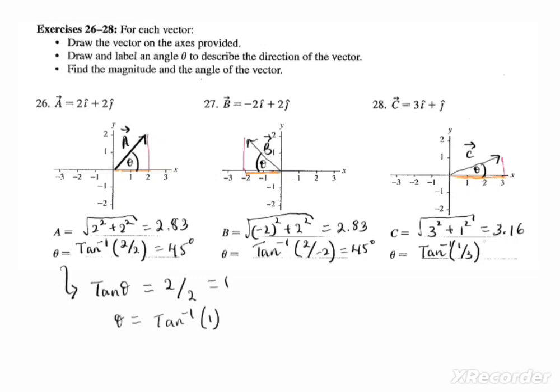Bear in mind that opposite over adjacent is not necessarily y over x values. It might be x over y values. That's why you have to be careful where you draw this angle. And that gives us about 18.4 degrees.